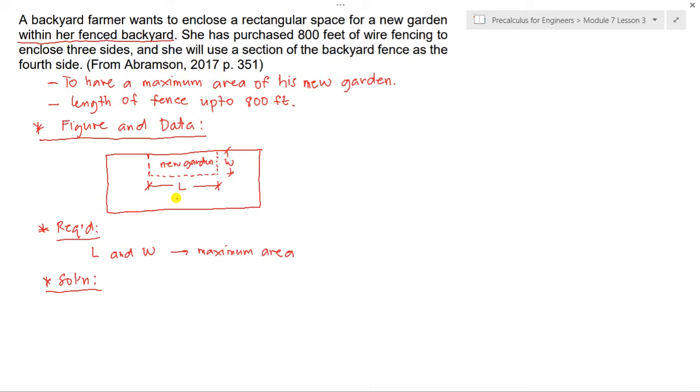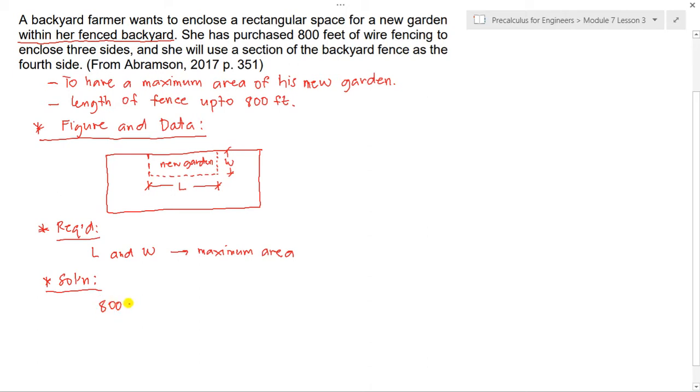For the solution, of course, we need to formulate some equations here based on the condition. We all know that the length of the three sides should be equal to the length of the backyard farmer's existing wire fencing, which is equal to 800 feet.